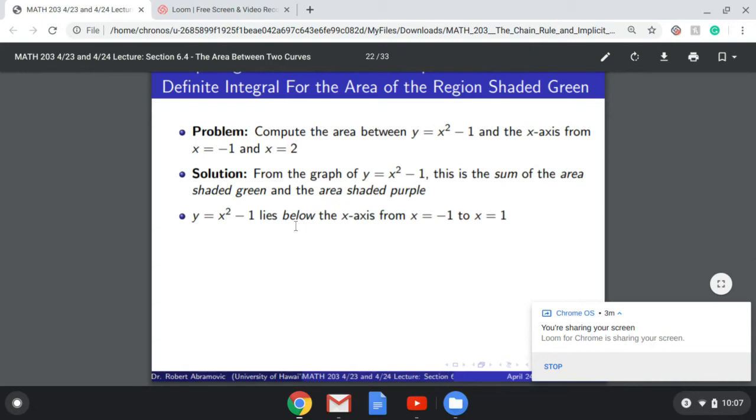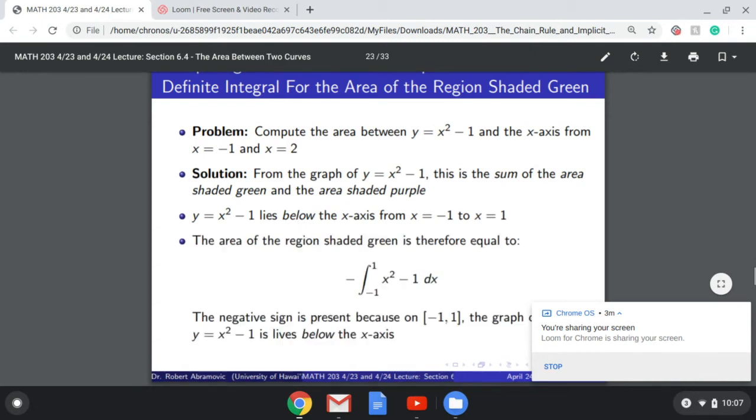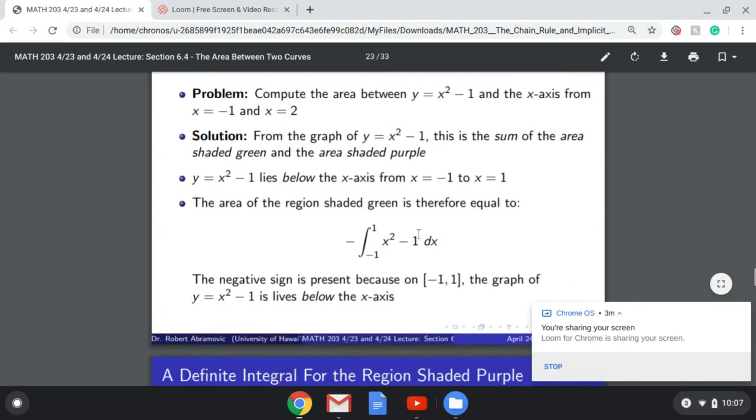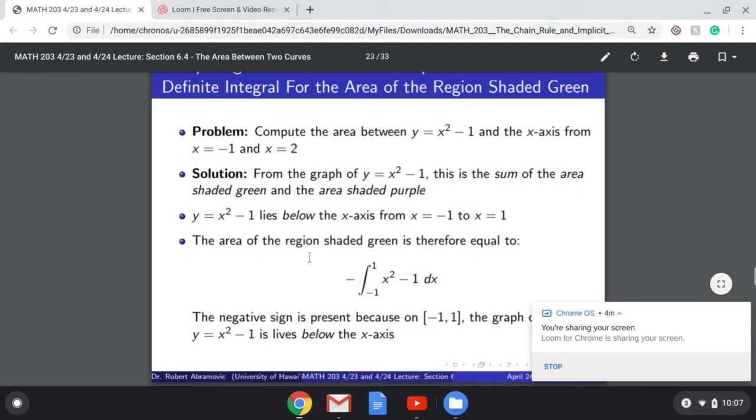X squared minus 1 lies below the x-axis from negative 1 to 1. The area of the region shaded green is therefore equal to the negation of the integral from negative 1 to 1 of x squared minus 1. The negative sign is present because the graph of y equal to x squared minus 1 lives below the x-axis.